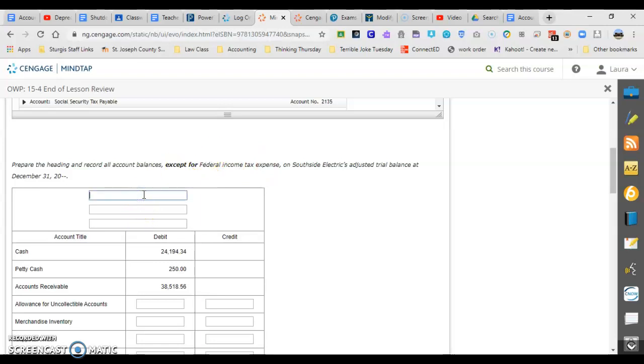So remember, the first line of every heading is the company name. Second line is the name of the financial statement.